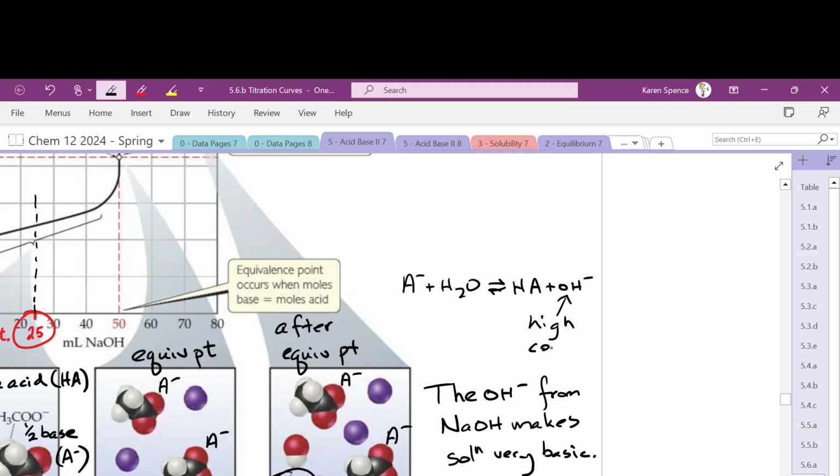We have a high concentration. Which way does that shift that equilibrium? It shifts it to the left, which means the contribution to OH from the A minus is very small.